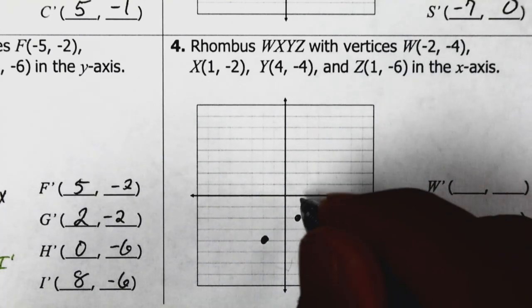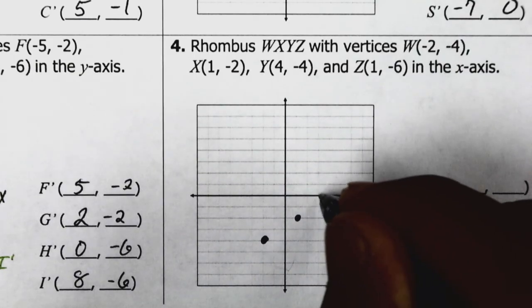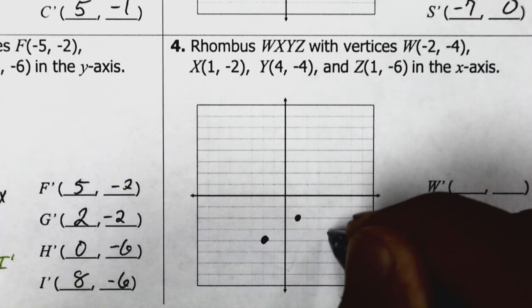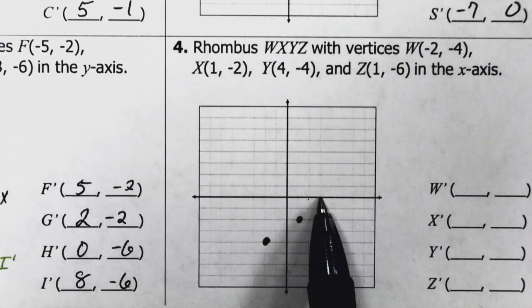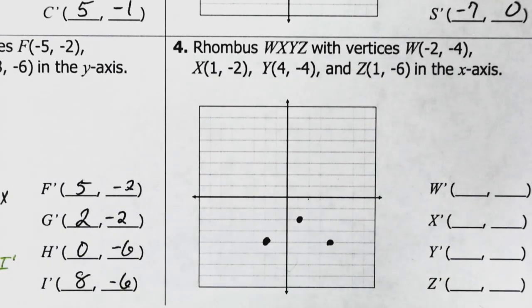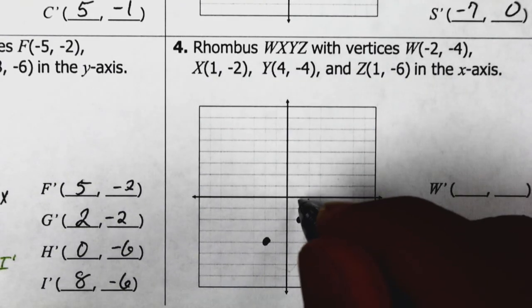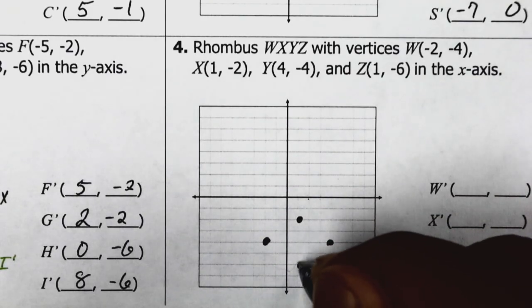Y is at 4, -4: 1, 2, 3, 4, and 1, 2, 3, 4. Let me just make sure I did it right. Yeah. And then Z is at 1, -6: 1, 2, 3, 4, 5, 6. Right here.